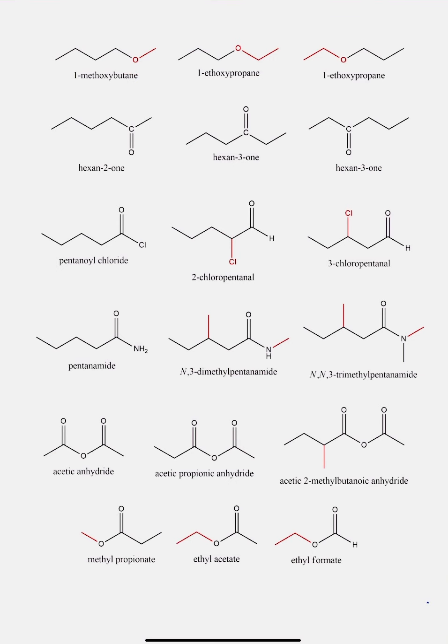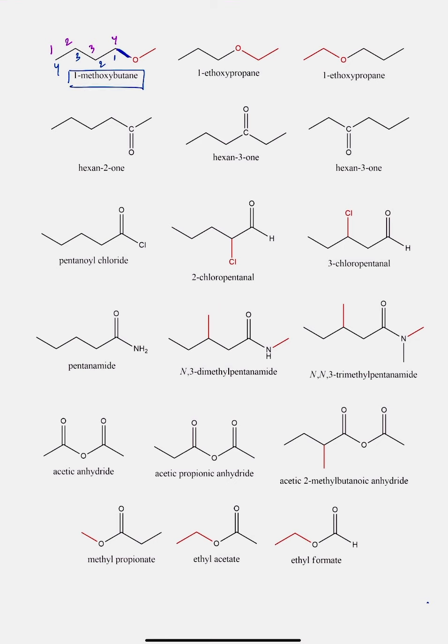If I number from this side, according to the purple color, this methoxy group is attached to carbon 4. But if I number from this side, this methoxy group is attached to carbon 1. So according to the lowest sum rule, the blue numbering is correct. That's why we get the name 1-methoxybutane.